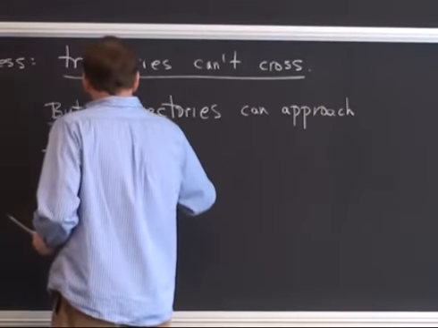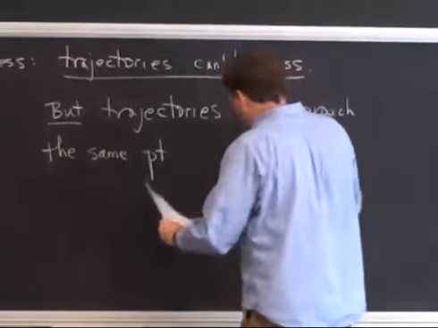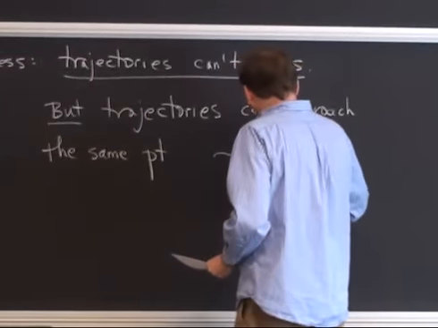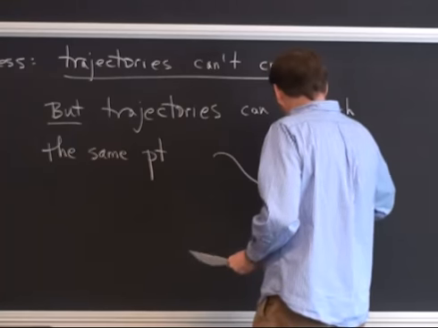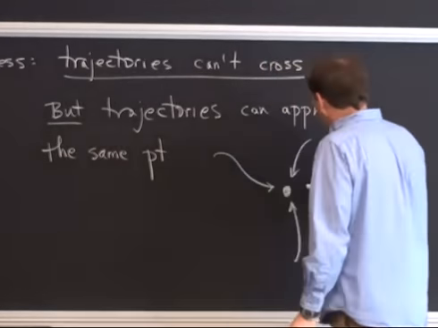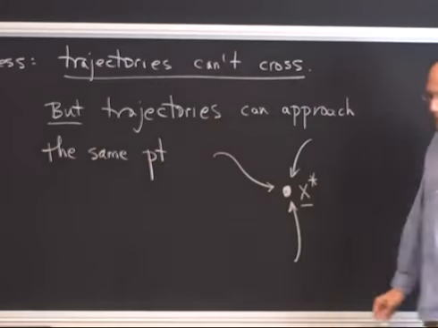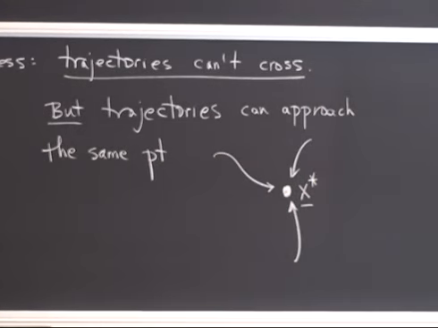So in that case, you will have a picture that looks similar to that, but it might be, say, you have a trajectory coming in, here's a fixed point, some other trajectory coming in, and another. That is all perfectly legal because there's no contradiction.